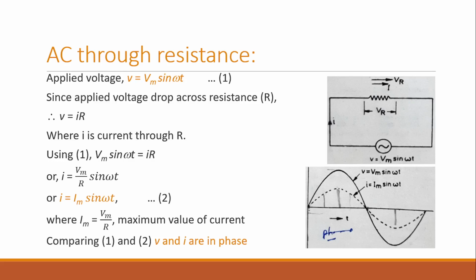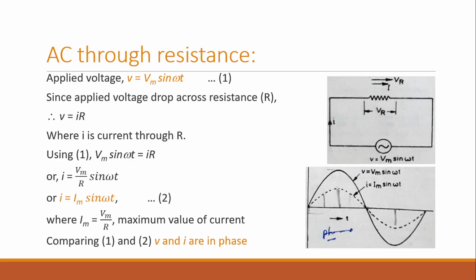So Im is less than Vm, since it is the effect of resistance, and mathematically Im is equal to Vm upon R. So when AC voltage is applied across a resistance, then current through the resistance and AC voltage are in phase, or no phase change between voltage and current through the resistance or AC.